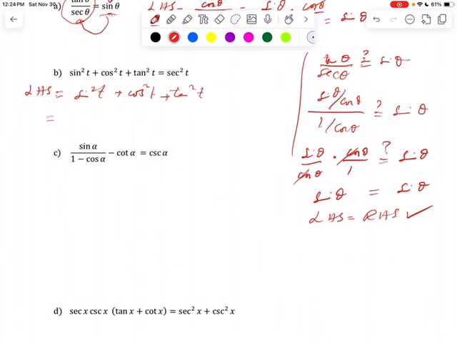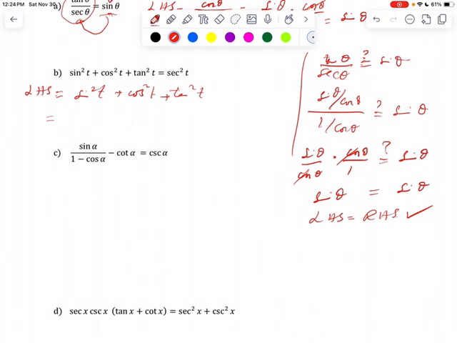If you have enough practice, and if you have those Pythagorean identities memorized, this is going to be very, very simple. But if not, and if you try to convert a tangent into sine over cosine and go through that whole long process, taking the common denominator and all that, it will take you much longer time to do the problem.